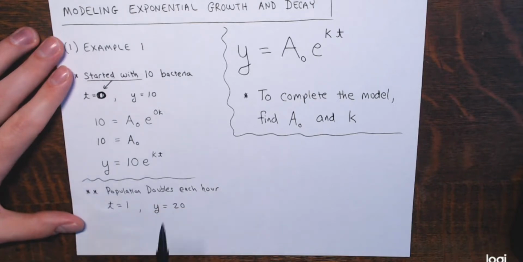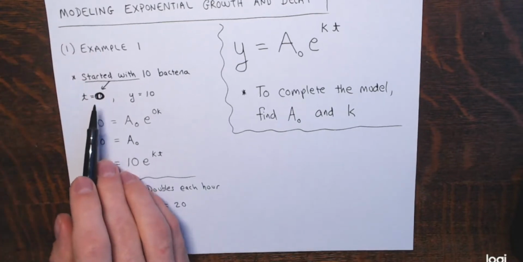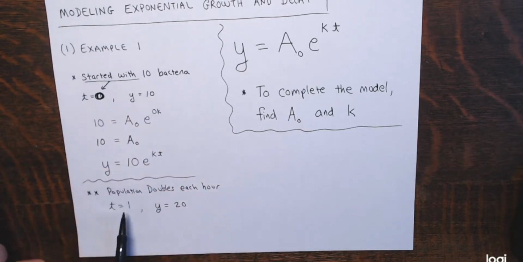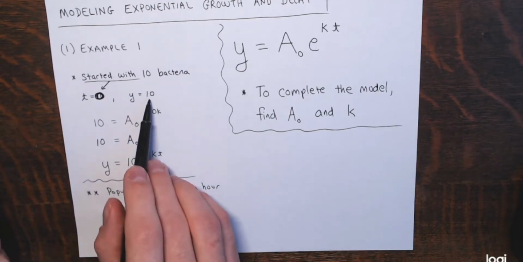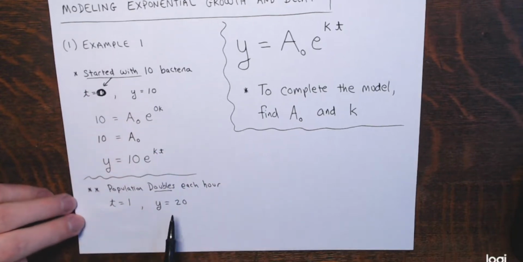Because when you started off, when t was 0, y was 10. The amount of bacteria was 10. So 1 hour later, when t is 1, the value of y should double. So 10 becomes 20. And we could do all sorts of other points.